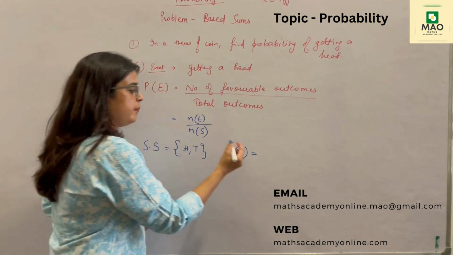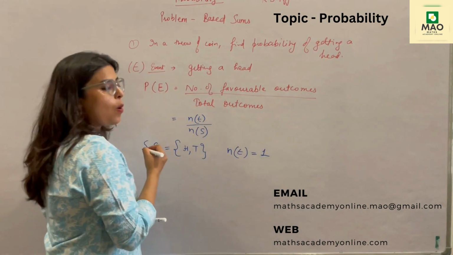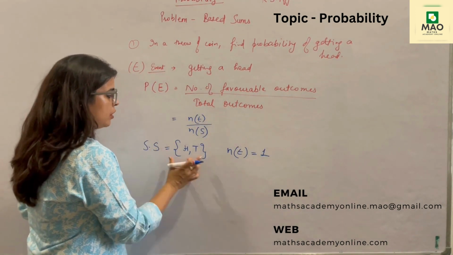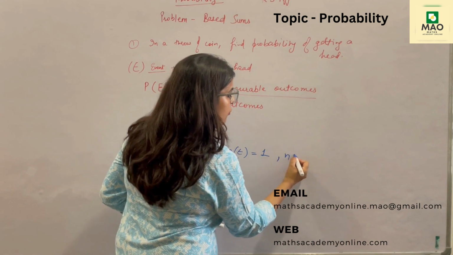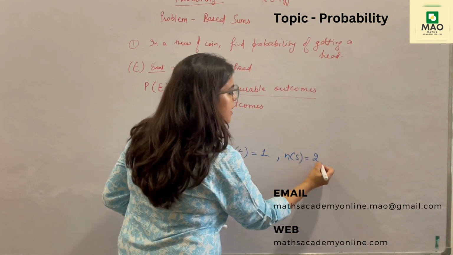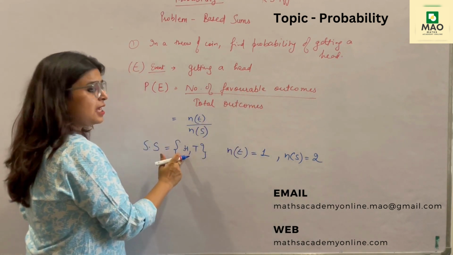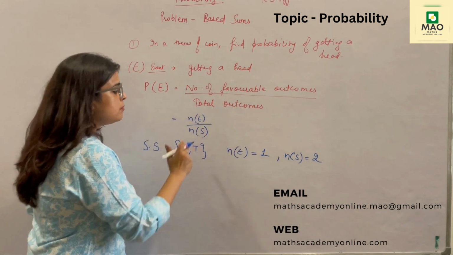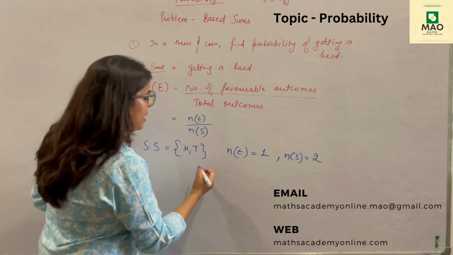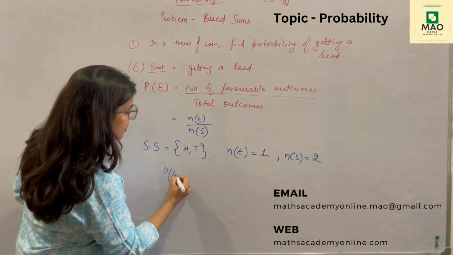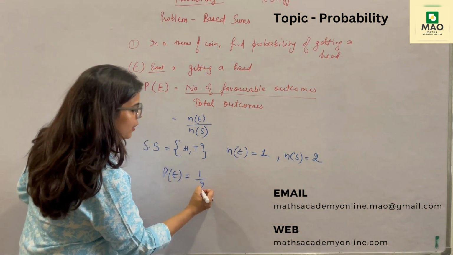Only one time. So my N of E is 1. N of S means total outcomes. That means 2. Head came only one time. Total outcomes how many were there? There were 2. So my answer, probability of E, becomes 1 by 2.